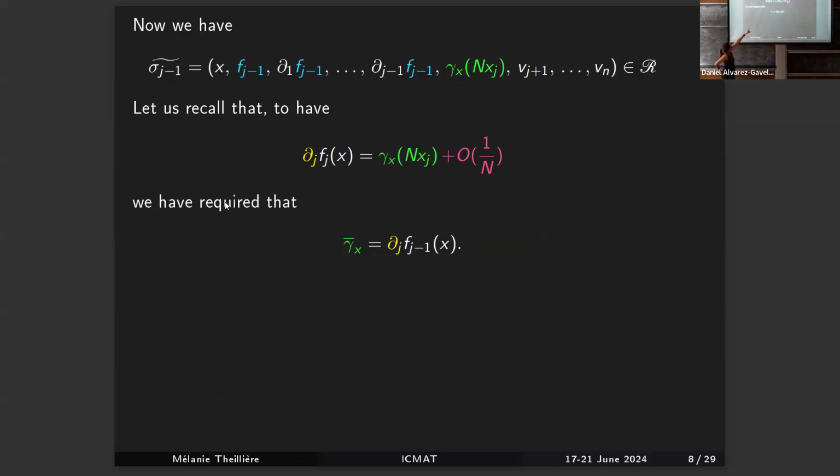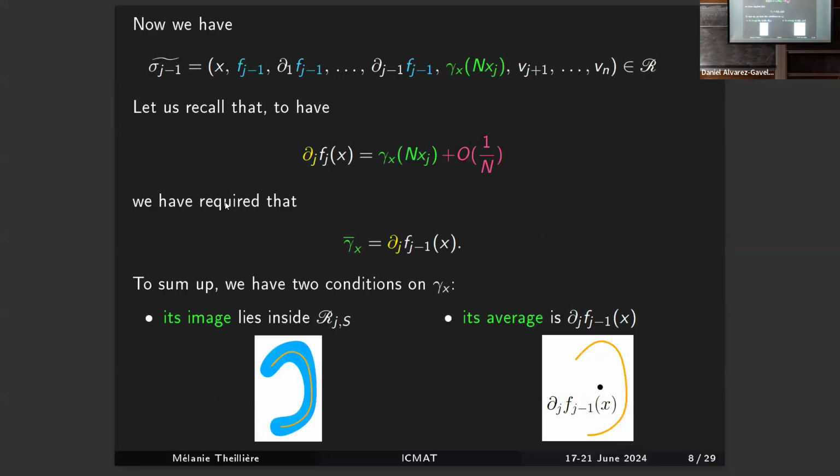To build f_j, to have this derivative dj f_j equal to something in the image of gamma up to an error, we also require that the average of the loop equals the derivative we want to modify, the derivative which is not in the previous formal solution. To sum up, we have two conditions on the loop family gamma. The image has to lie inside the slice, and the average of the loop has to be equal to the derivative we want to modify.